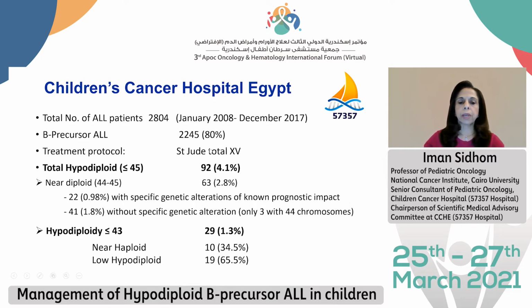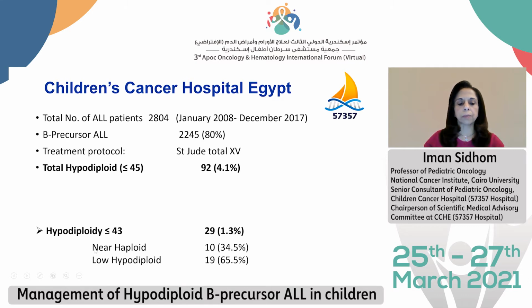B precursor ALL patients constituted 80% with a total number of 2,245. 92 patients had 45 and fewer chromosomes, of whom 63 patients had 44 and 45 chromosomes, 22 with specific genetic alterations of known prognostic impact, and 41 without specific genetic alteration, and only 3 patients had 44 chromosomes. This group of patients are not included in our analysis.